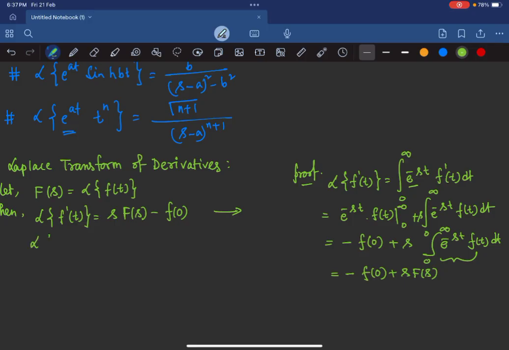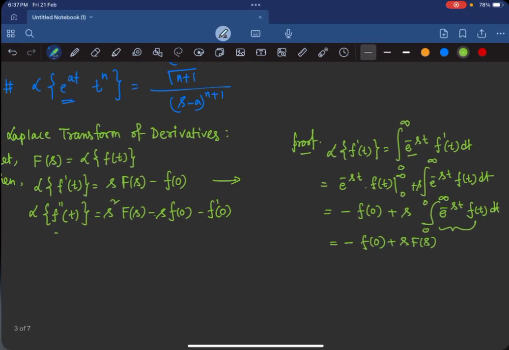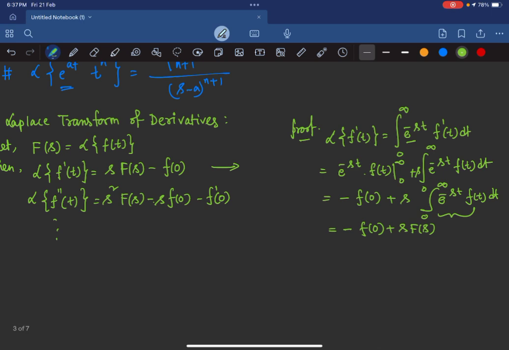Now similarly, one can have Laplace transform of f double dash, and the formula goes like this: s square F(s) minus s f of 0 minus f dash 0. Okay, so just in the same manner, you can prove this second formula as well. So likewise, if one extends this formula, then Laplace of f nth derivative, usually for our practice purpose these two formulas are sufficient.